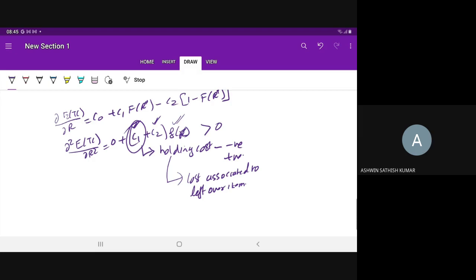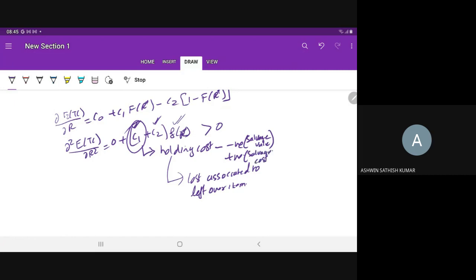That is the salvage value, right? When we are getting something, the salvage value, this cost will be negative.